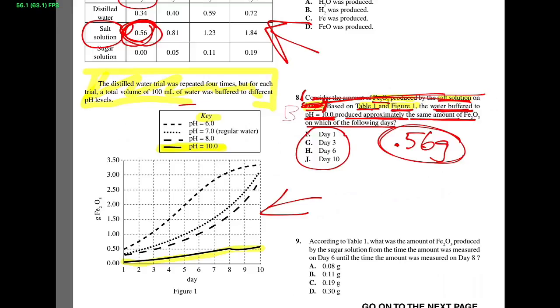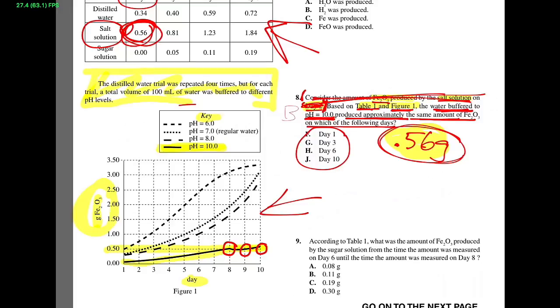And I know that they're asking on which day was 0.56 grams of rust produced. So 0.56 is a little bit more than 0.50. And so it looks like the only days where 0.56 could have been produced is day 8, day 9, or day 10.